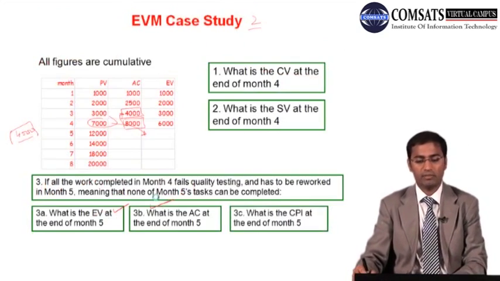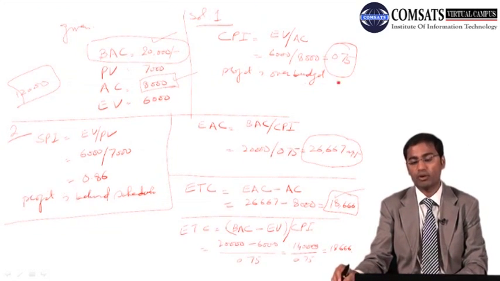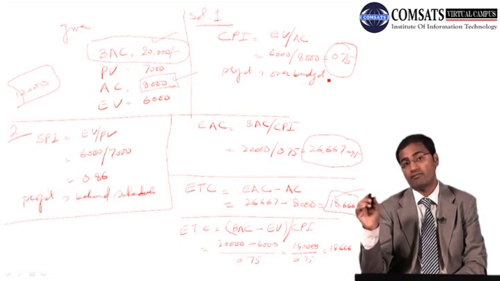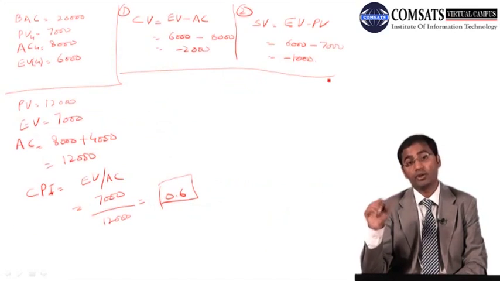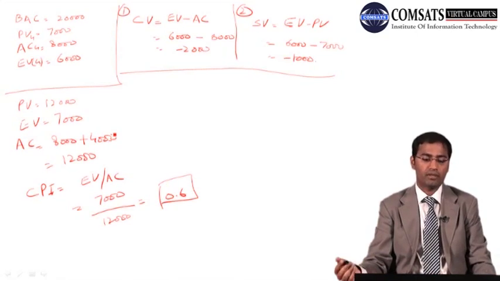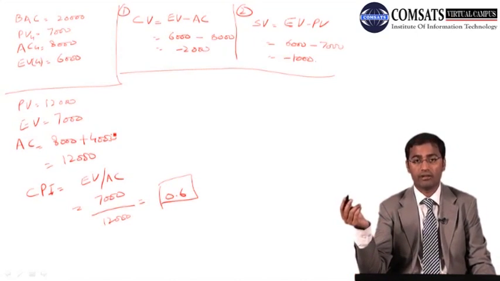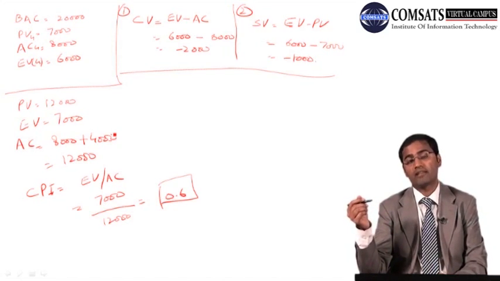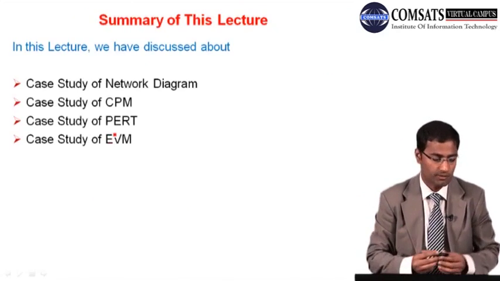So remember the CPI in another example, 0.75. By that time, the project was over budget, but the efficiency was 75%, and now that has been reduced to 60%, 0.6, right? So that is how we can use these figures, and this is how we actually work out our problems as far as earned value management is concerned.